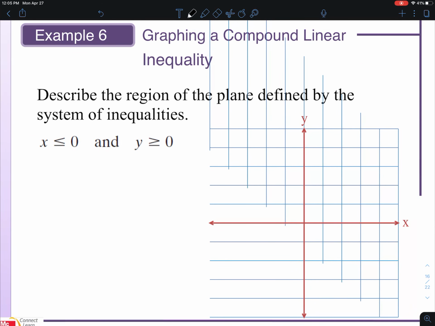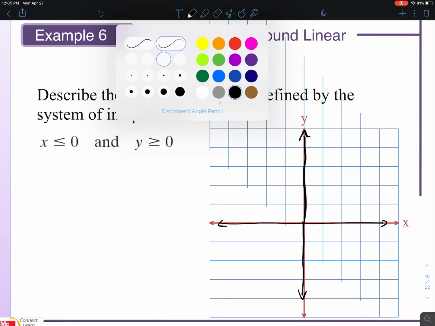So here, it says x is less than or equal to 0. So where x is 0 is going to be this line right here. That's when x is equal to 0. Now y is equal to 0 when you're on the x-axis. So the first one is going to be in red.